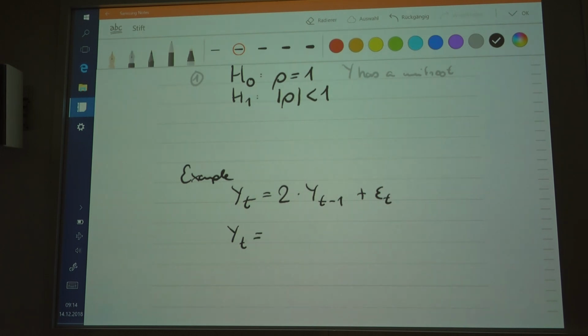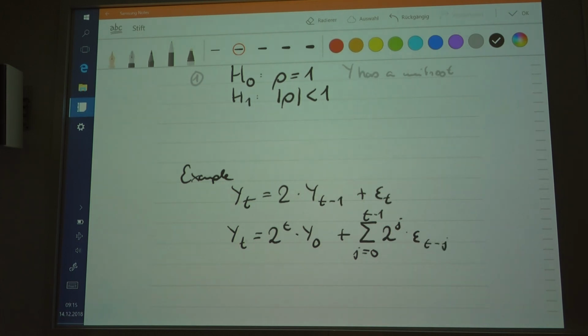You can look it up. So this is going to be 2 to the power of t times y_0, the starting value, plus the sum, j equal to 0 till t minus 1, of 2 to the power of j times the noise.